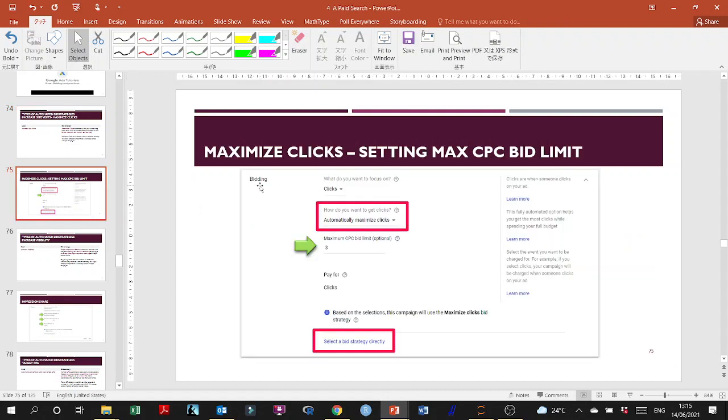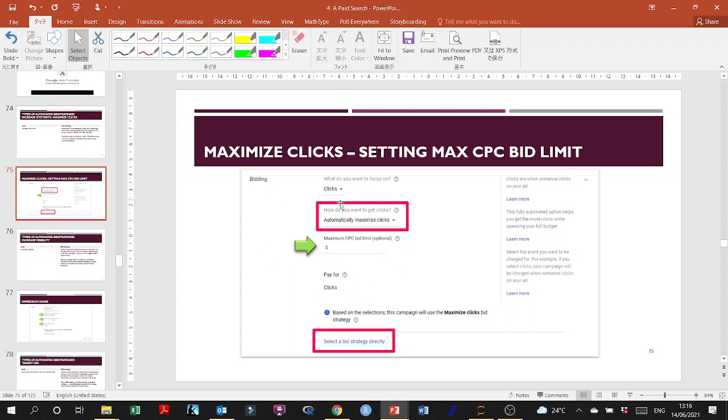Let's take a look. Here's the bidding. You say I would like to focus on clicks and I want to automatically maximize my clicks. Then you say maximum CPC bid limit. You can do that, and you can say I want to pay per click, or you select a bid strategy directly. Based on the selections you've made here, the campaign will use the maximum clicks bid strategy.